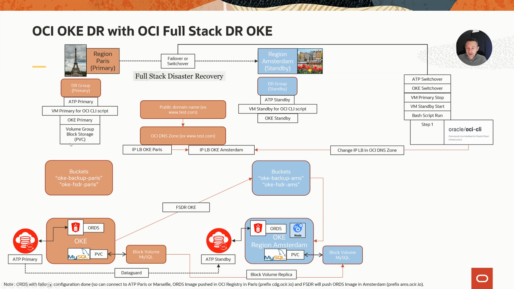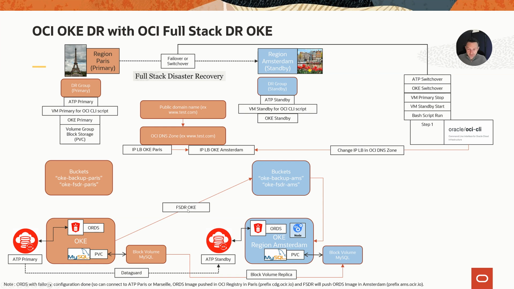In OKE, you can see I have two deployments: one stateless with ORDS connected to an ATP primary, and another deployment here, stateful, MySQL, with a PVC. And the PVC, in fact, is just an OCI block volume because OKE is integrated with our OCI storage natively.